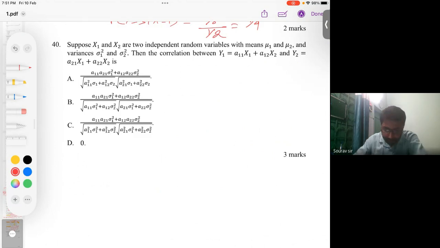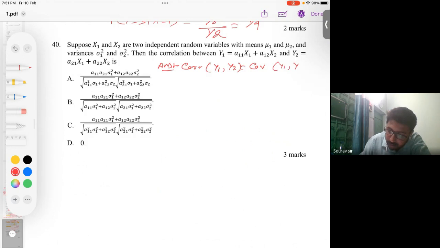Now the correlation between Y1 and Y2 is, we know the formula, covariance of Y1, Y2 divided by the root of variance of Y1 into variance of Y2.